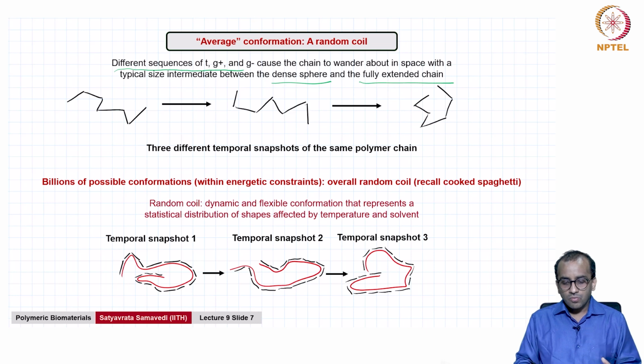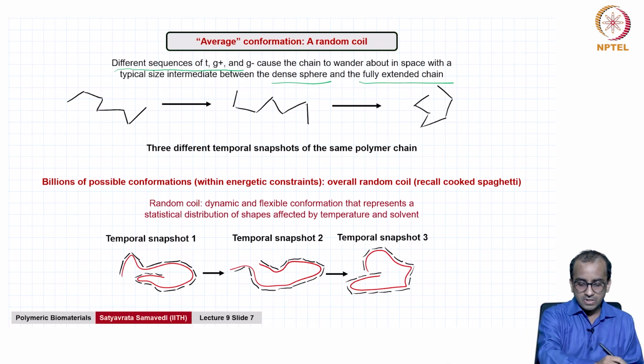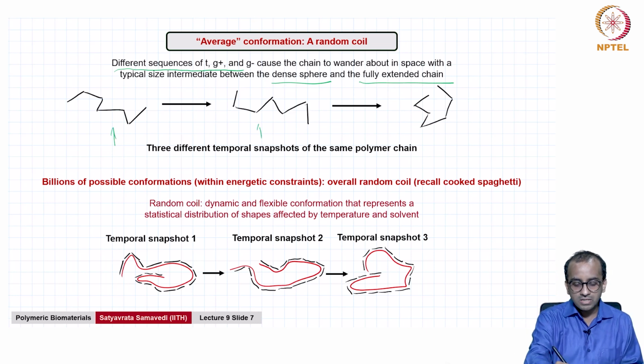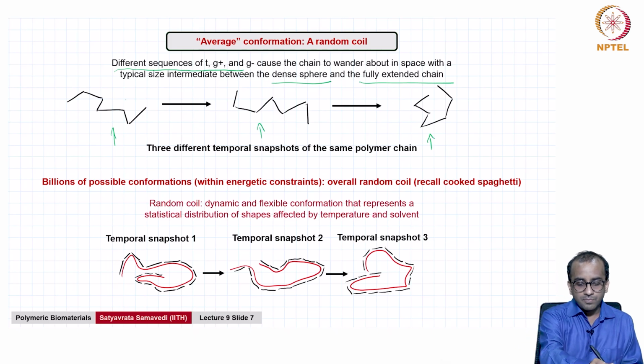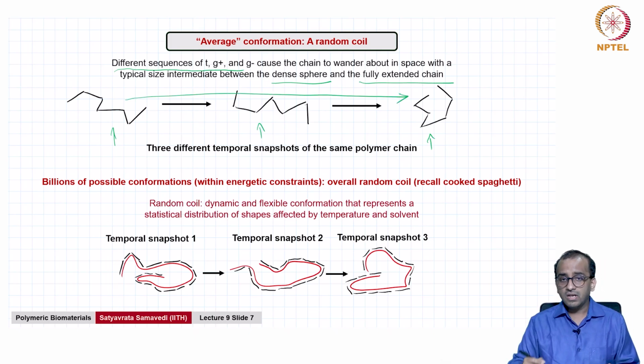So, if you now consider just 3 different temporal snapshots of the same polymer chain, structurally the same polymer, same chemistry, 3 different conformations based on how each carbon-carbon bond decides to take up different conformations. What I am showing here is a temporal snapshot going from left to right.